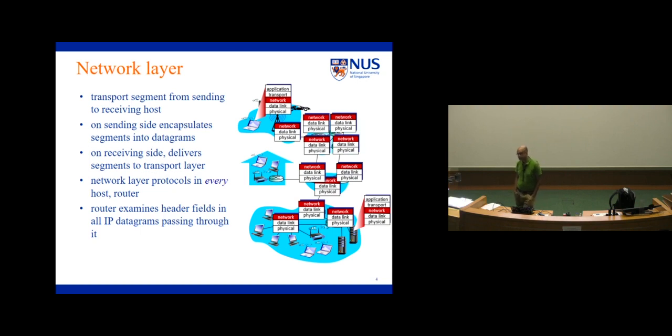So the network layer is common to every device in the internet. There is some exception, which is when we talk about Ethernet switches and Wi-Fi access points. They are what we call layer 2 devices. They only implement the physical layer and the data link layer, not the network layer. But other than that, every other device in the internet has to implement the network layer.